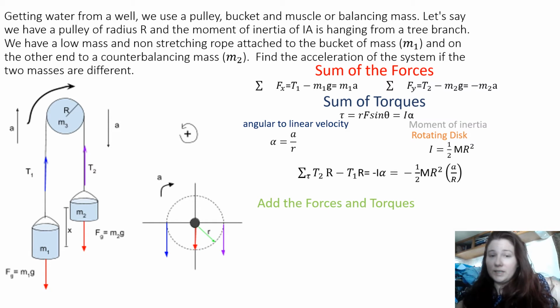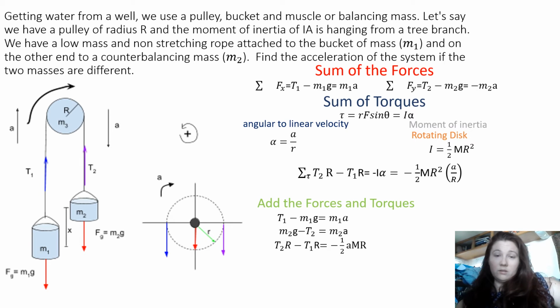Now, we need to combine the forces and the torques because we still need to find the acceleration. So we've got tension 1 minus mass 1 times gravity, which equals m1 times acceleration. And mass 2 times gravity minus tension 2 is equal to mass 2 times acceleration.